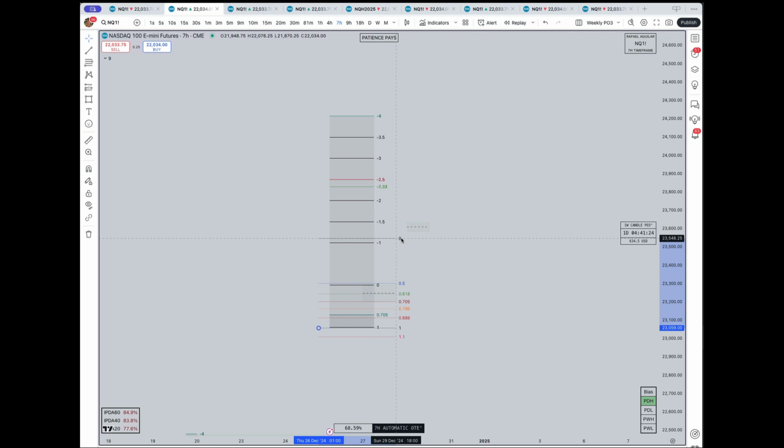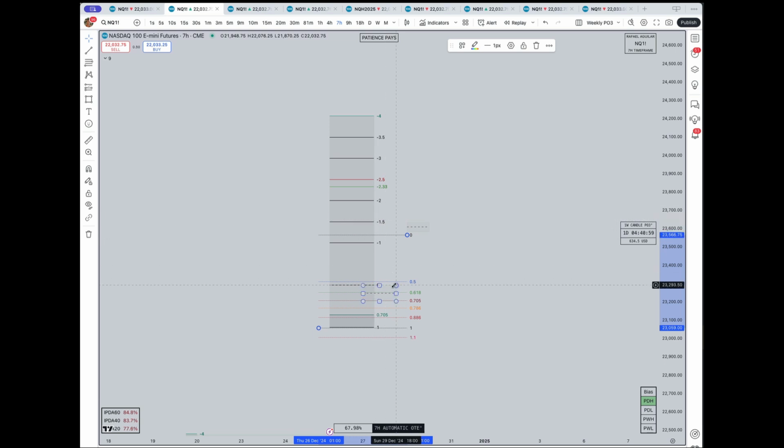So if the price trades around here, it will trade back around this zone, 0.618 to 0.786, and the golden zone is 0.705.